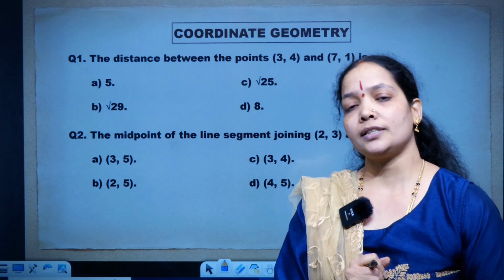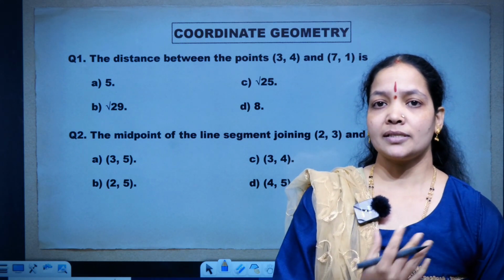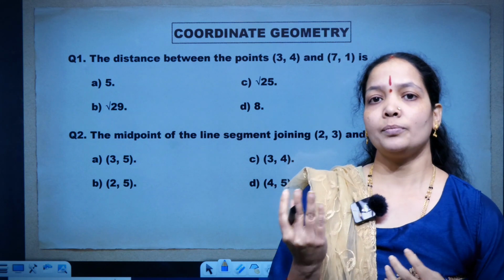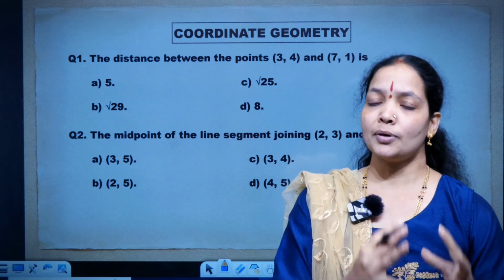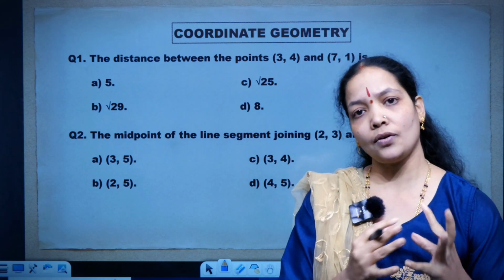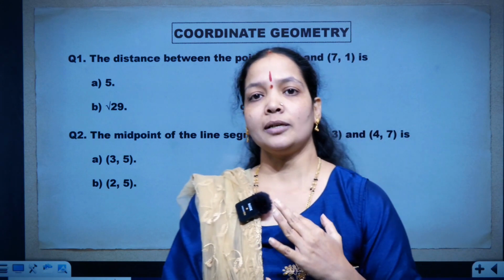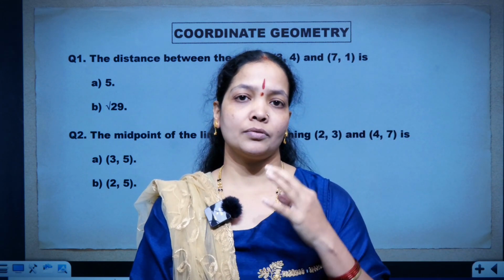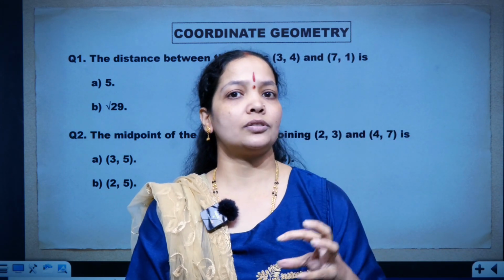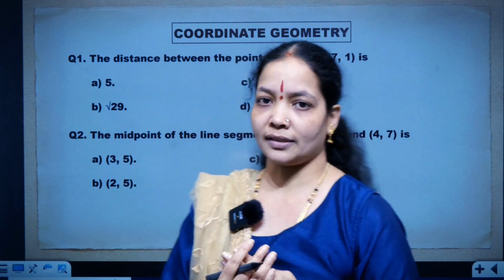In this particular session, I have tried my maximum to make you comfortable with the important questions that will be asked often. We'll be coming up with some more sessions in which some of the toughest questions will also be covered. So stay tuned with us.